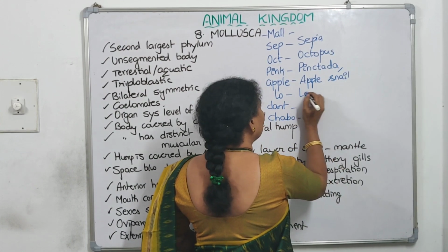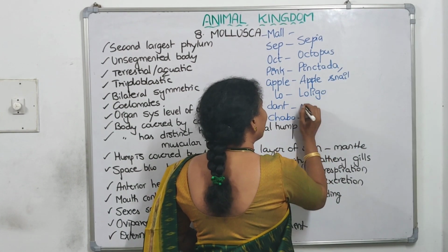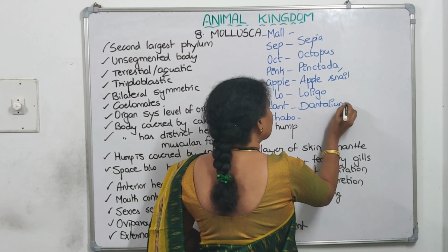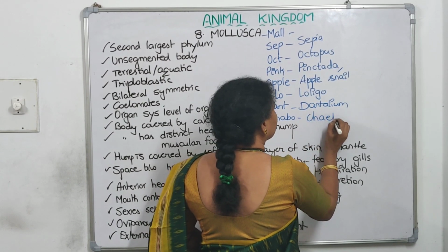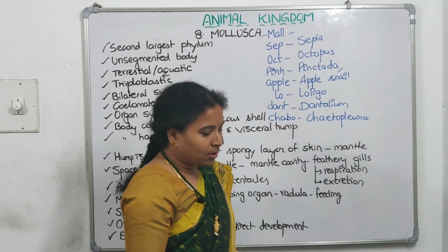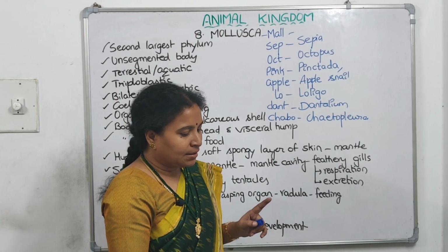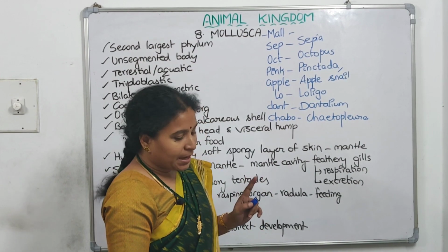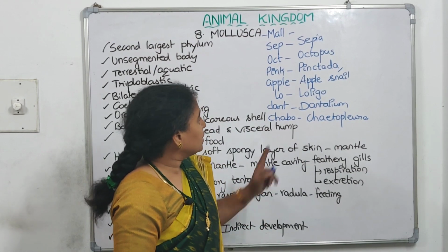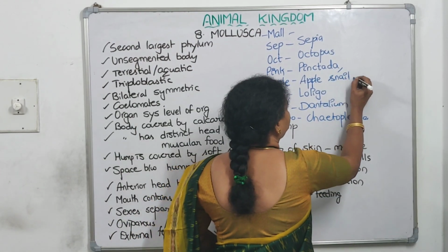Lo means Loligo. Dant means Dentalium. Chabao means Chaetopleura. So I think we wrote all the examples. Pinctada, Pila, Sepia, octopus, Aplysia, with A, two A's will come.